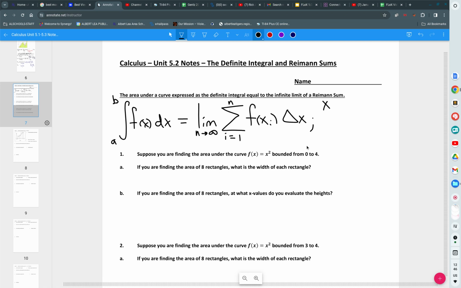Where x sub i is equal to something and delta x is equal to something.